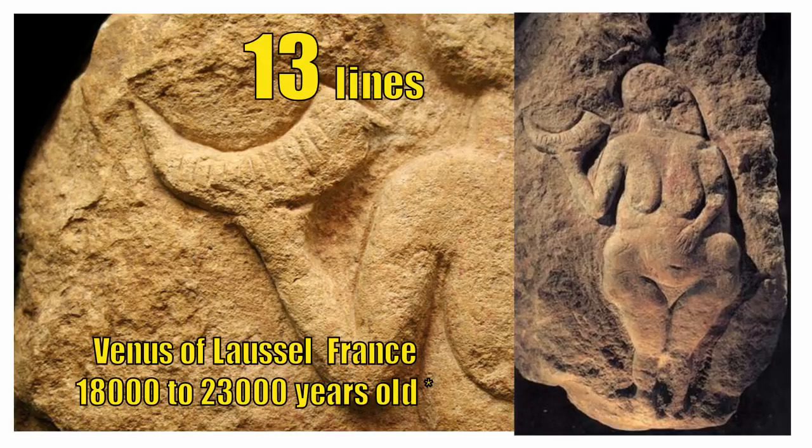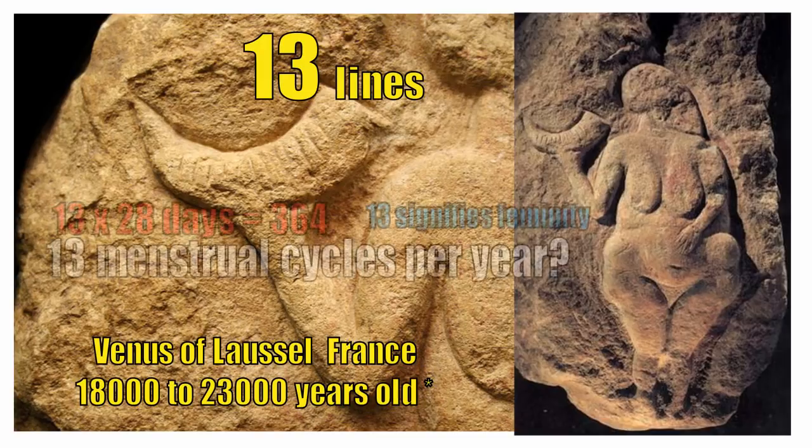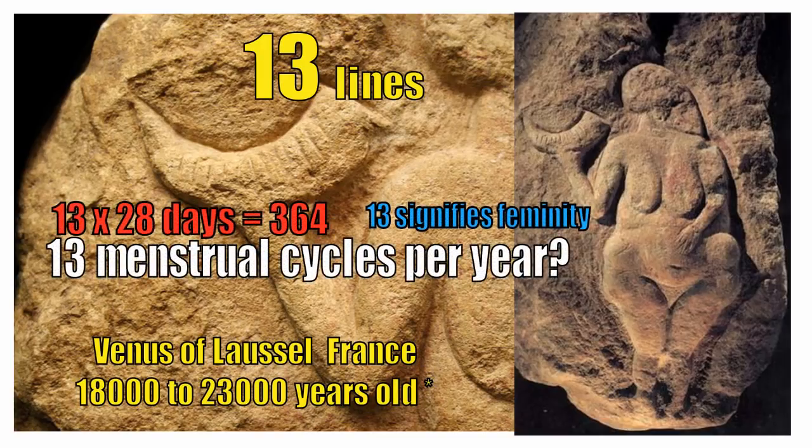Now, it's been suggested that 13 is a connection to the lunar cults and especially to femininity, and by that, well, what very much defines the feminine is the 13 menstrual cycles per year. It varies slightly, but the standard is 28 days, so 13 times 28 is 364, so 13 menstrual cycles per year.